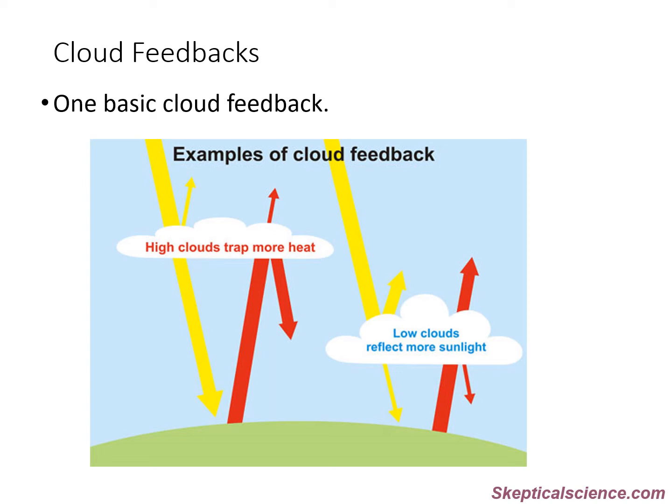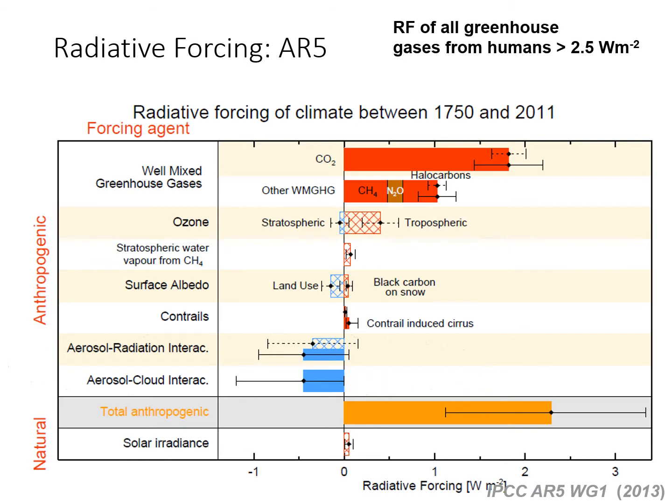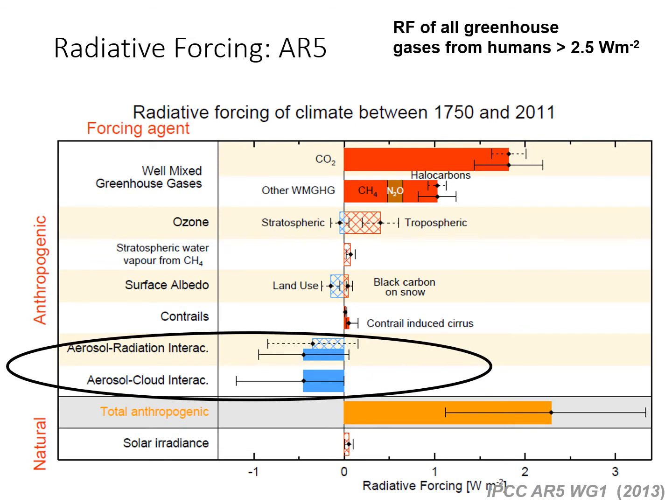Some types of clouds are more likely to reflect energy, while others are more likely to absorb energy. When we talk about climate models, we'll come back to this. Looking at the plot from the IPCC, we see that aerosols, through both direct and indirect effects, generally cause cooling.